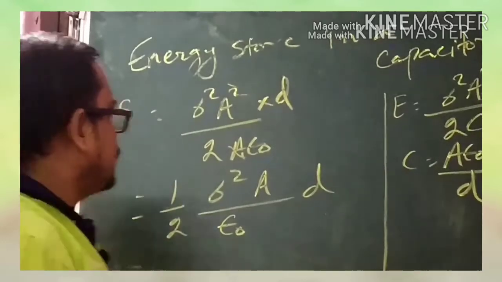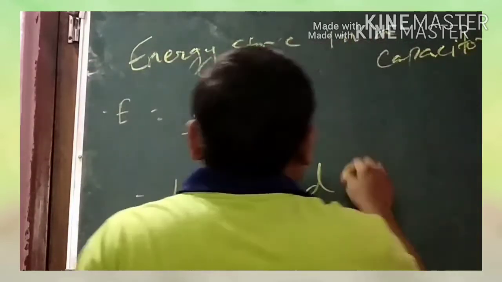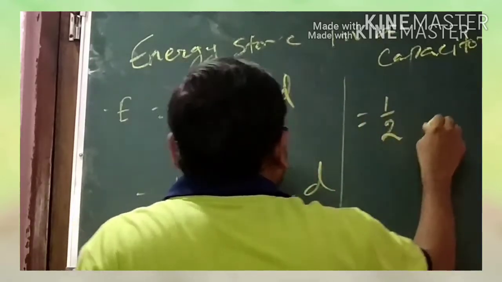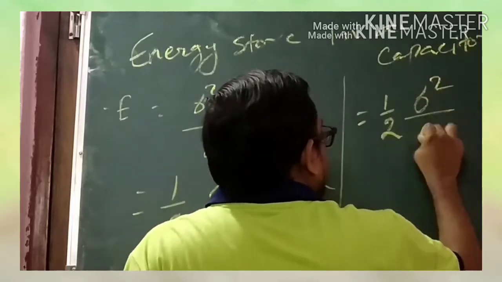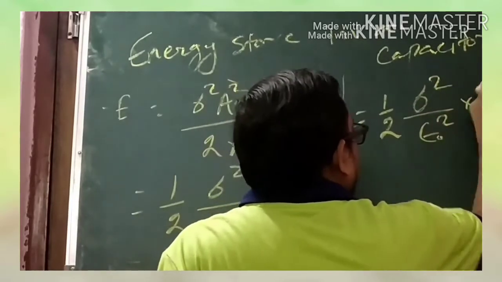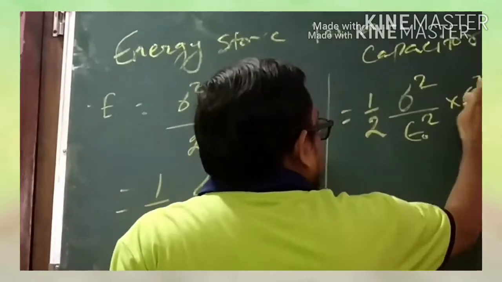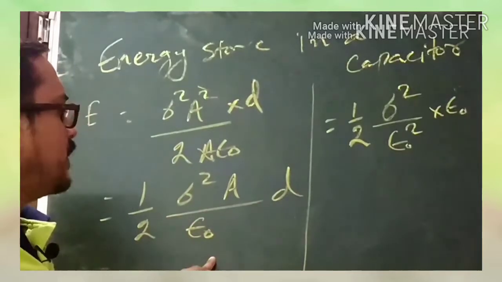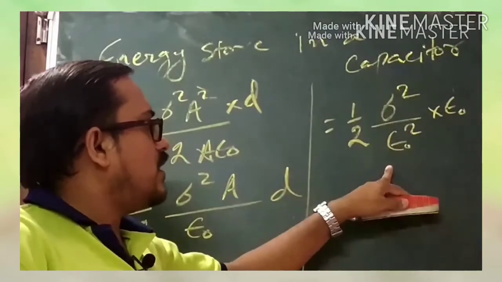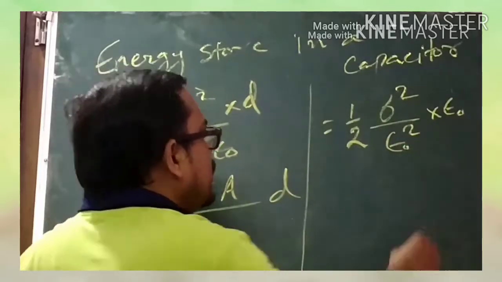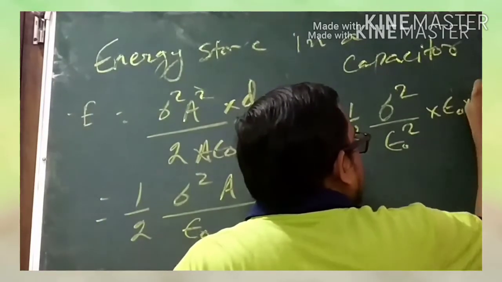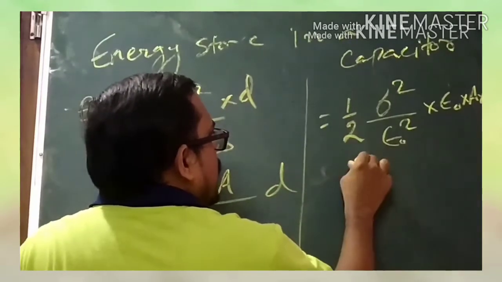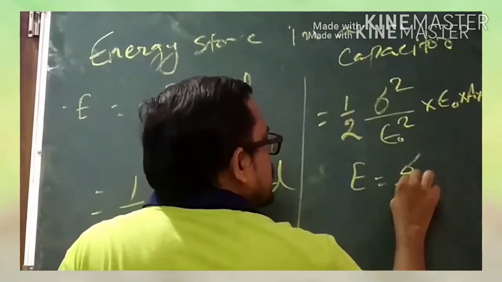Okay. Now this will be equal to half into sigma square, and suppose we have epsilon 0 square, then we have to multiply another epsilon 0 in the numerator also. We have multiplied epsilon 0 in the numerator and the denominator. So we have got epsilon 0 square into epsilon 0, and there is A into D. Now we know this E will be equal to sigma by epsilon 0.